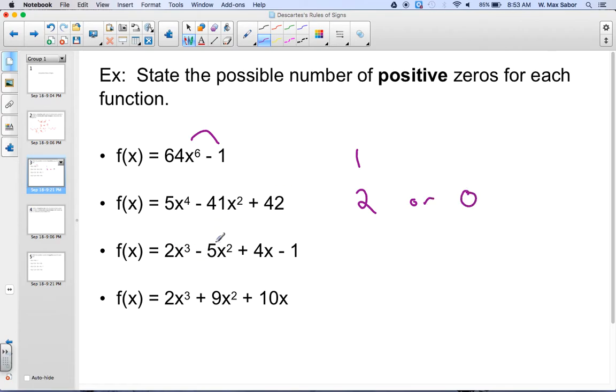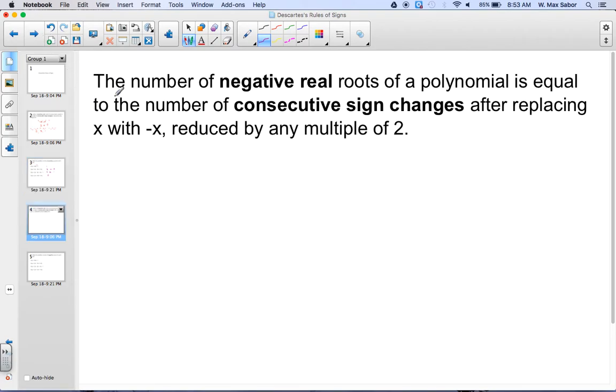This is going from positive to negative, negative to positive, positive to negative, so that's 3, or we could reduce it by 2, 1. And these are all positive, so it has 0 positive real zeros. So that's what I mean. Just count the number of sign changes, and if it's 2 or larger, then you can subtract 2 as many times until you get to 0 or 1.